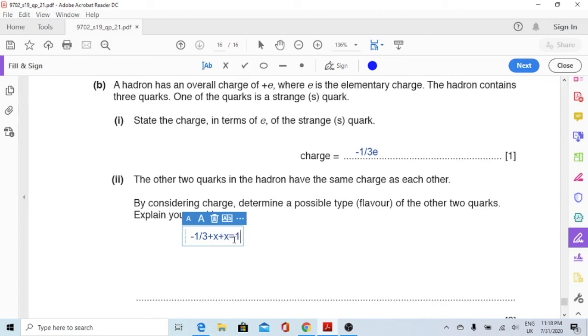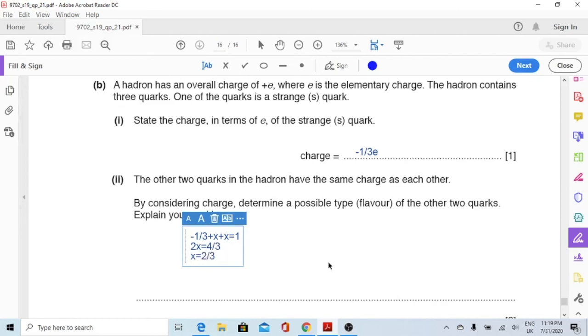When I rearrange this, I'll get 2x. Both are x because the question says they both share the same charge. It means they are either the same quarks, or they just share the same charge. So 2x is equal to 4/3. So the value of x is 2/3.